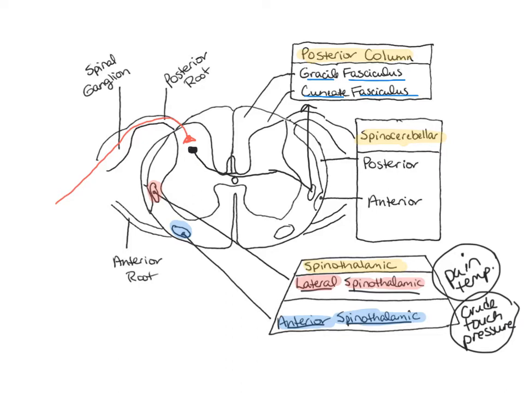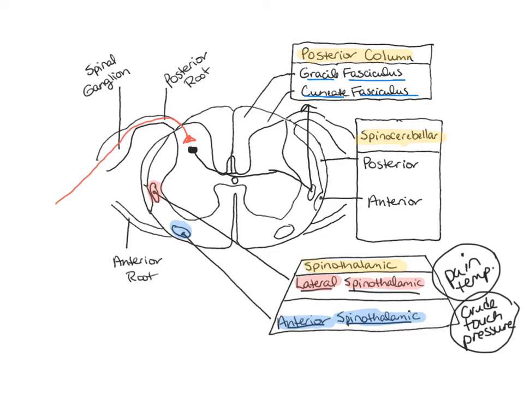We heard about the gracile nucleus, and we heard about the cuneate nucleus, right? The gracile nucleus was going to receive information from where? Gracile, the lower extremity. Cuneate was going to receive information from above, right?